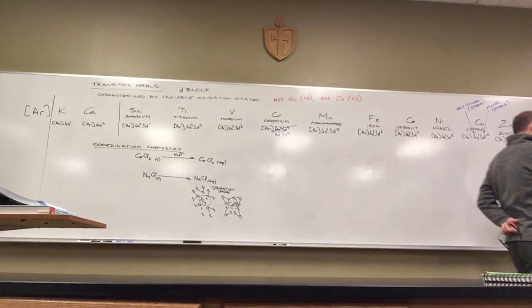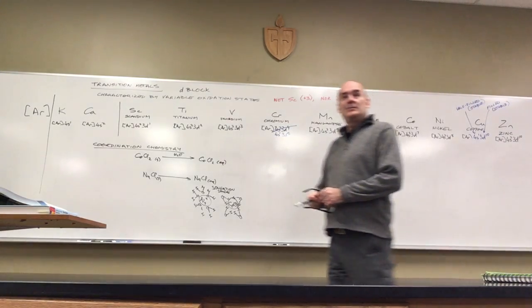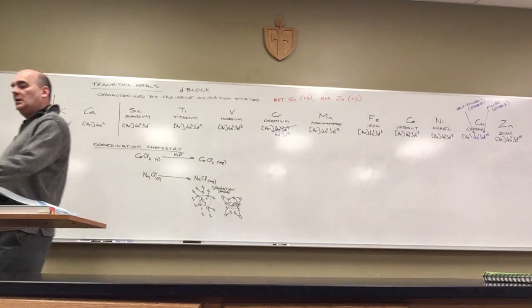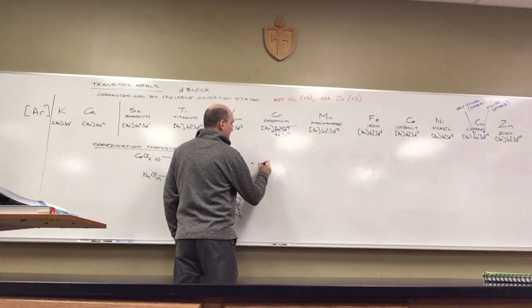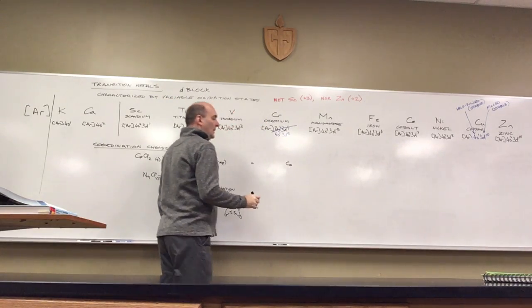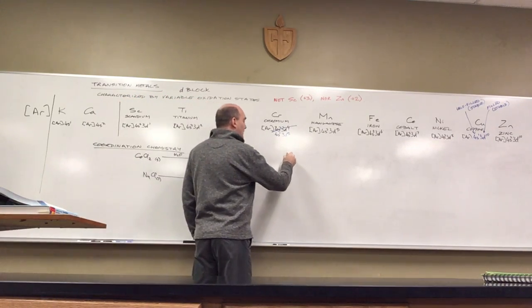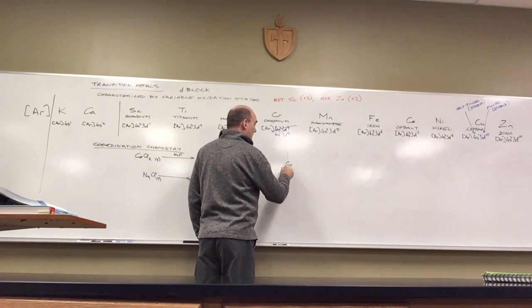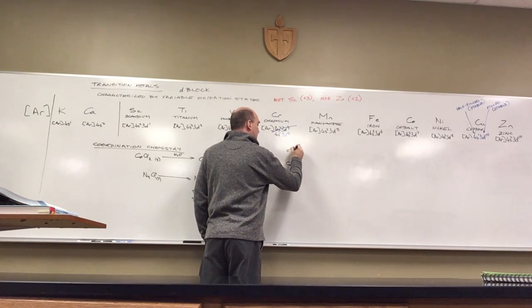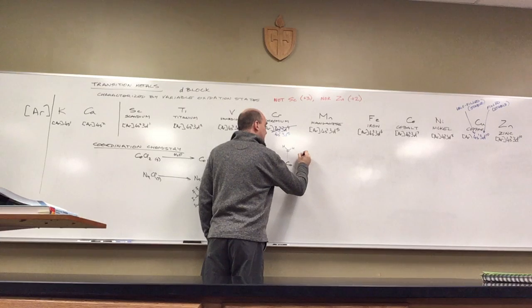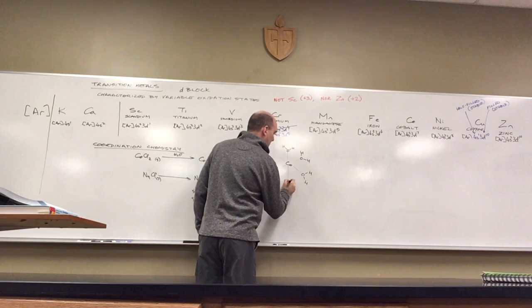Well, transition metals do this as well. When you dissolve them in water, they get solvated, but their solvation is uniform. Here what I have is the cobalt, and that cobalt is going to be surrounded by 6 waters.